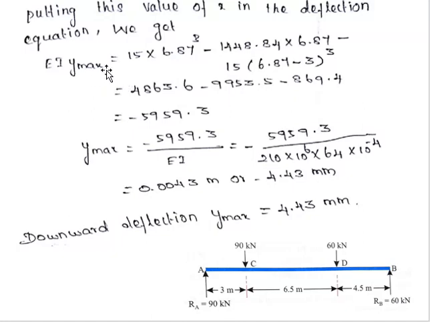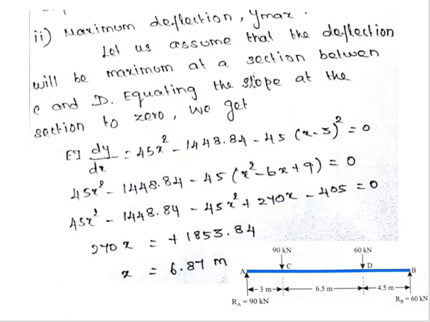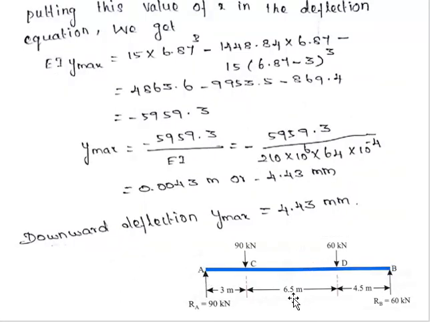EI into y max, maximum deflection equals, substituting the value in the deflection equation, finally you get 4.43 mm. Your calculator value is 0.0043 meter, you convert into mm, and you get minus 4.43 mm. The final answer: maximum downward deflection of this SSB is 4.43 mm at a distance of 6.87 meter from the left end.